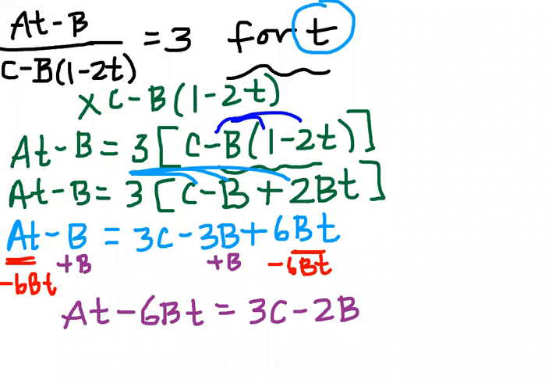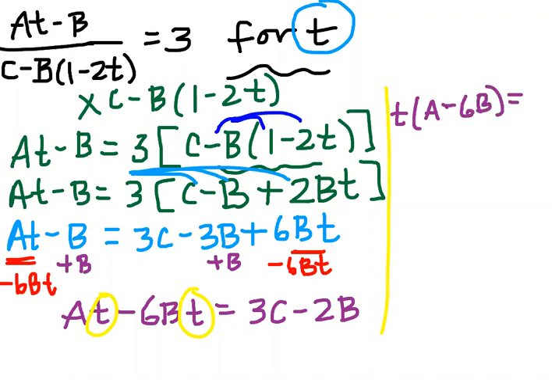So now on the left hand side, we're going to take and factor out that t that was in common. So I'll try to come over here up on the side and continue. So we'll have a t times the quantity of a minus 6b, and that's going to equal 3c minus 2b.